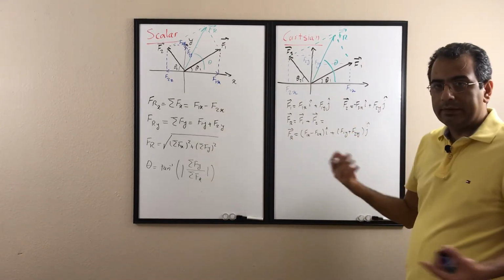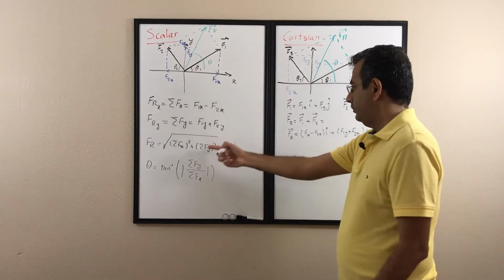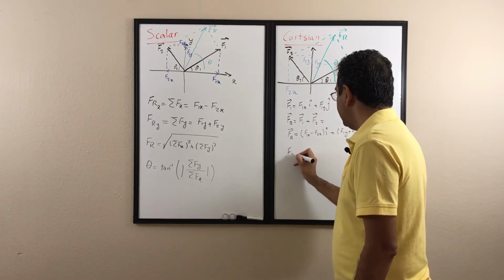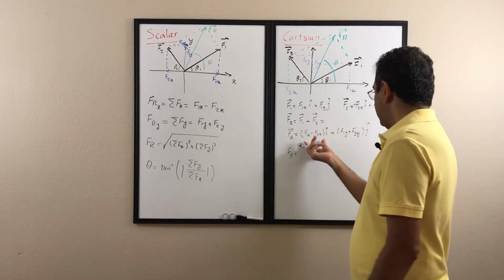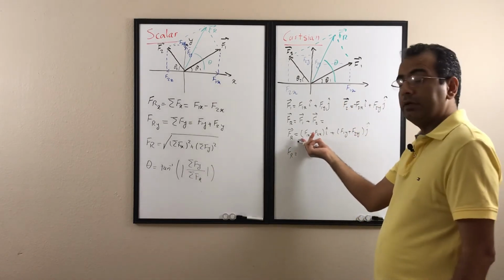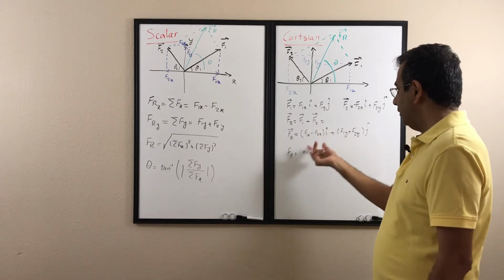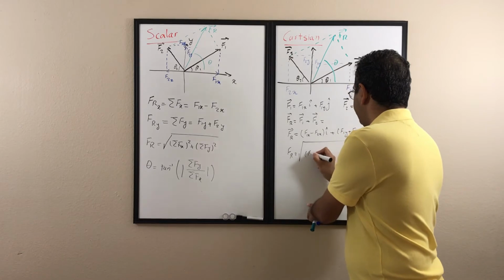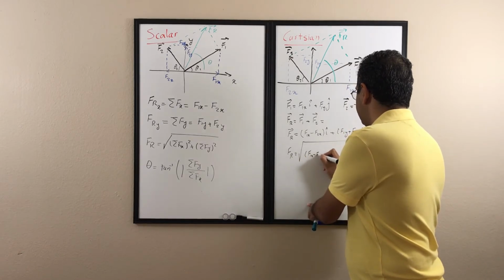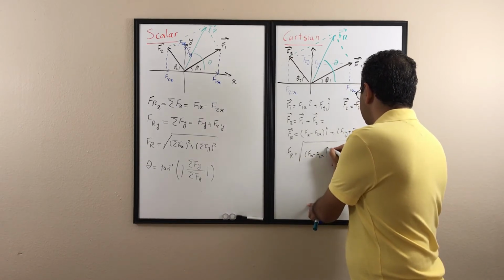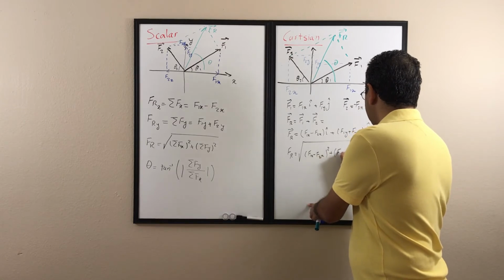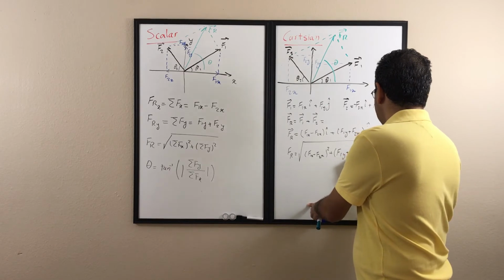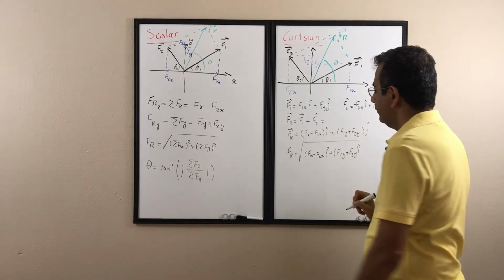And if we need the magnitude or the angle, the magnitude of that is, again, we just square each component, add them together and take the square root. So it's going to be the square root of F1x minus F2x squared plus F1y plus F2y squared.